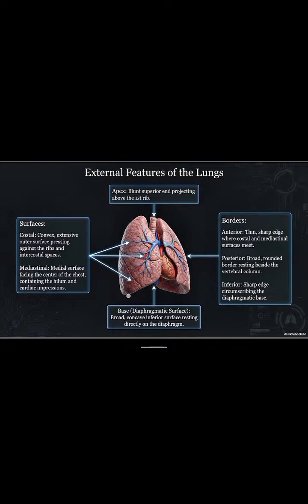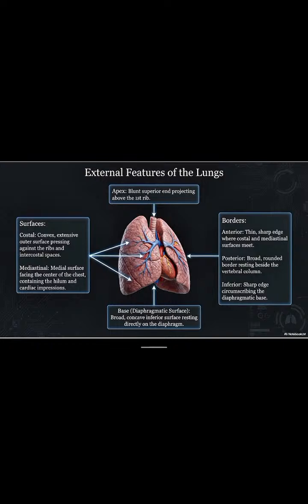So the posterior border of the lungs is resting on the vertebral column of the thorax. And the inferior border is a sharp edge which rests on the diaphragmatic base, or the diaphragmatic surface. So look at the inferior border. This is the inferior border. The inferior border rests on the what? On the diaphragm.